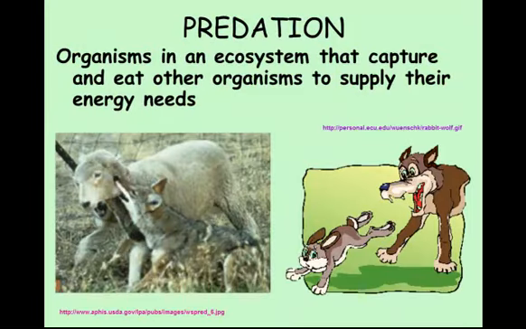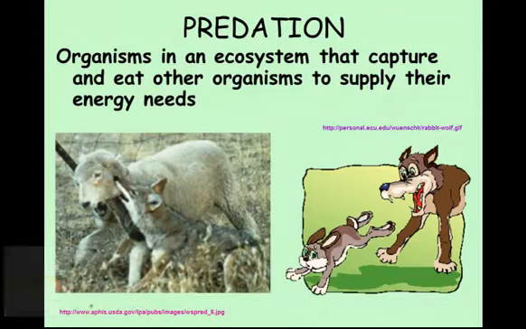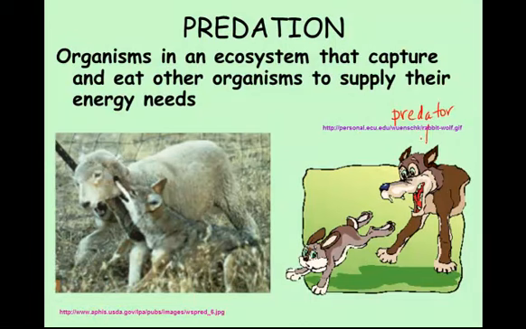If you think about this relationship between predators and prey, we're going to put some little vocab labels on this here. The hunter in this situation is called the predator. That's the one who's chasing down the bunny rabbit or the sheep or the whatever kind of animal.